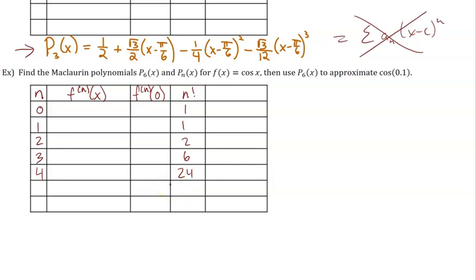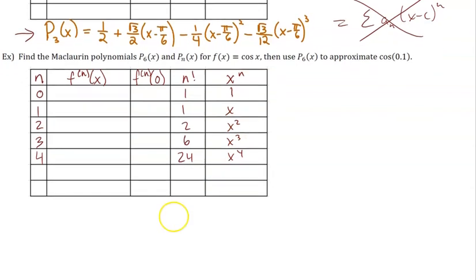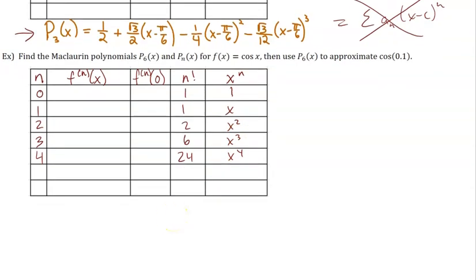And then, x minus 0. I don't need to write that. I'm just going to write x to the n. So it's going to be 1, x, x squared, x cubed, x to the 4th. My 0th derivative is cosine x. My first derivative, negative sine x.